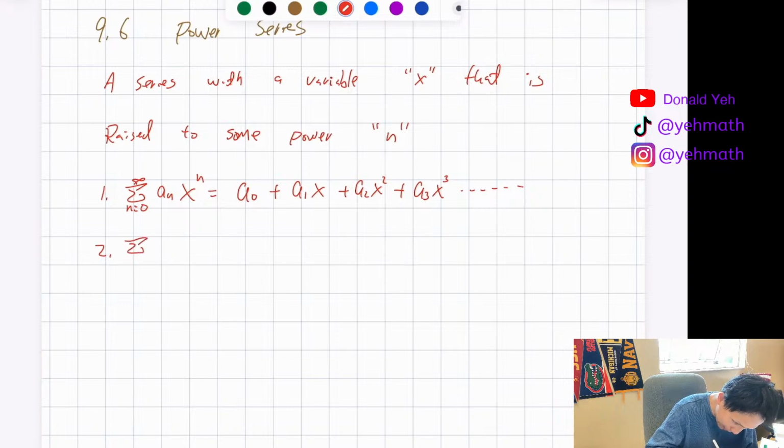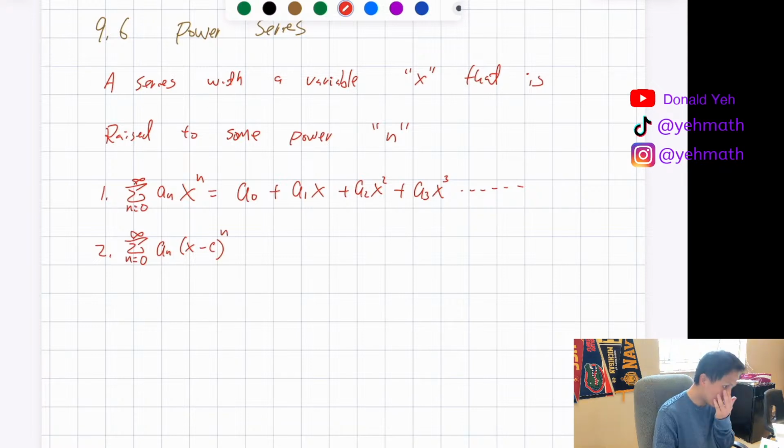Sometimes you can have a power series with a different form, which is the sum from n equals 0 to infinity of a_n times (x minus c) to the n. The only difference between those two is the x minus c part.